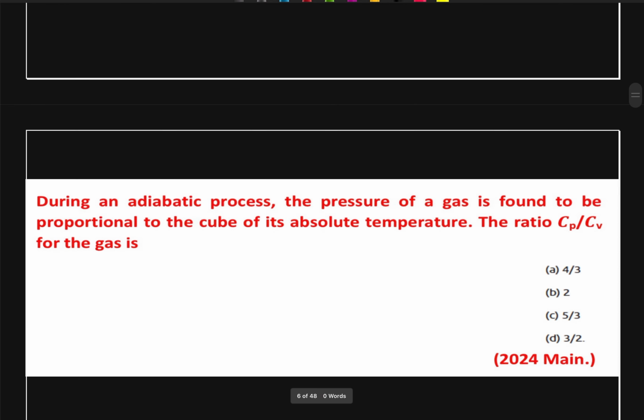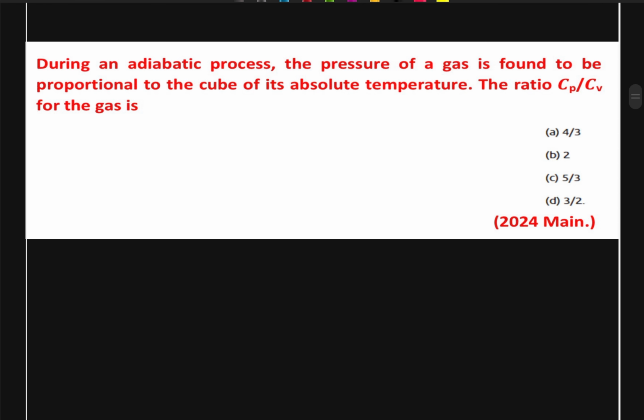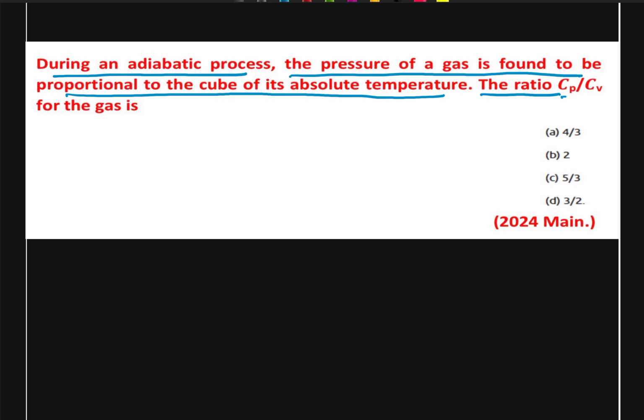Next question. It states that during an adiabatic process, the pressure of the gas is found to be proportional to the cube of its absolute temperature. The ratio of C of P to C of V for the gas is. So we are given that the process is adiabatic and pressure is proportional to the cube of temperature.